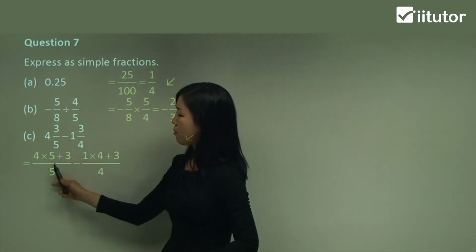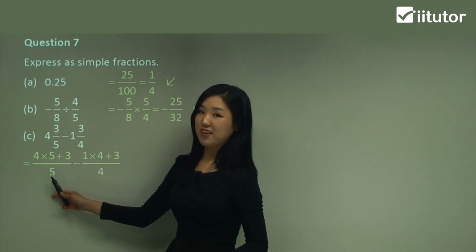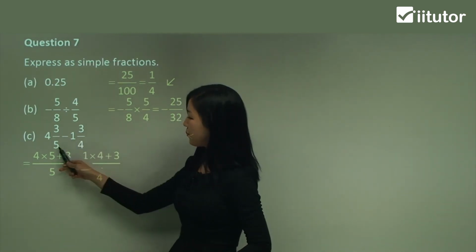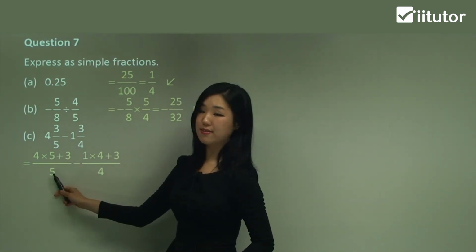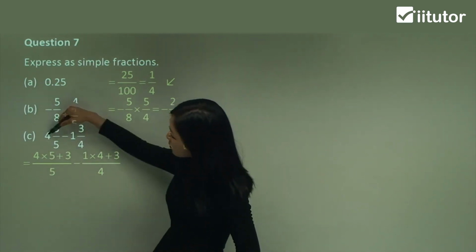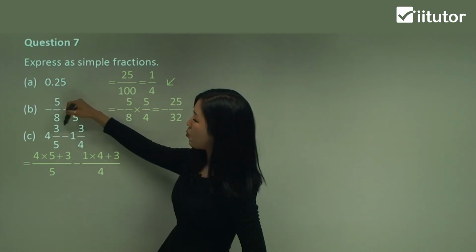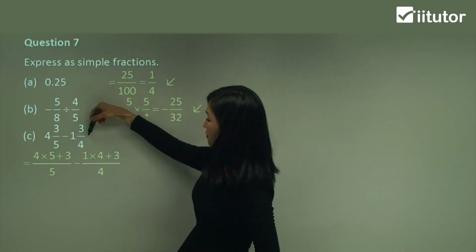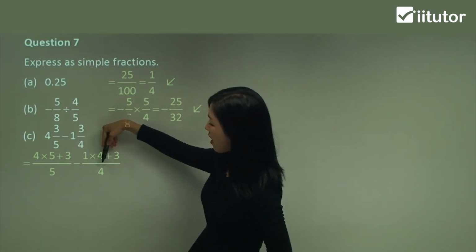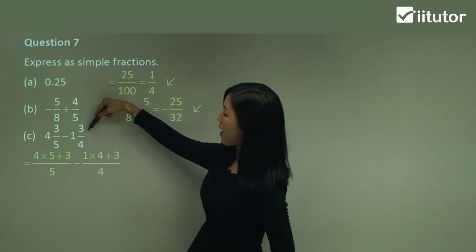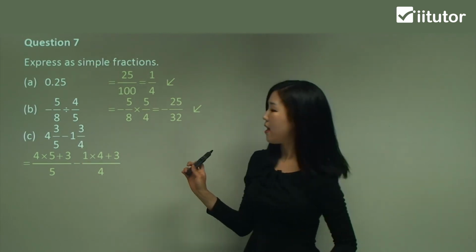Hopefully you learnt from your junior years how to do this, but for those who forgot, let me refresh your memory. 5, the denominator stays the same, and on the top, you multiply these two numbers together, so 4 and 5 together, and then you add whatever's on the numerator. Same for here, you leave the denominator, and for the numerator, you simply multiply 1 and 4 together and add on your 3. Okay, and that's your answer.